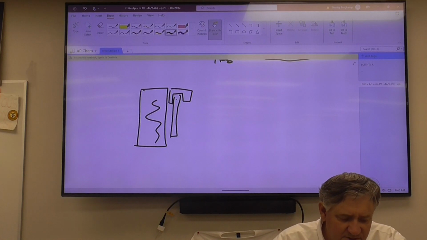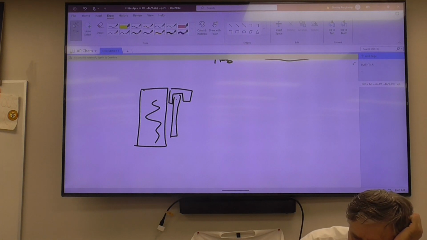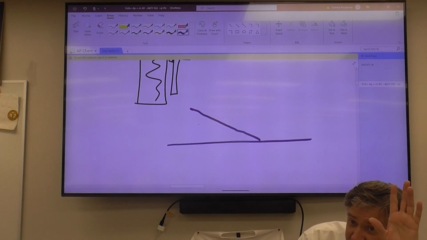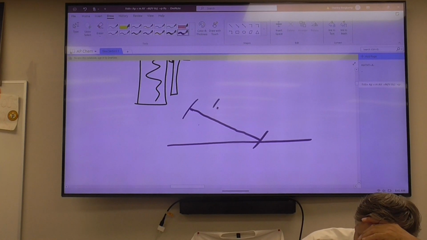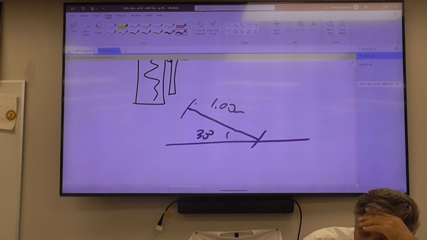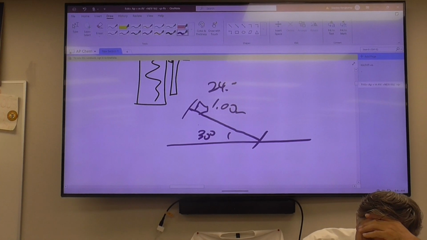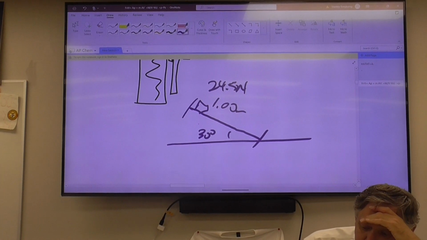When you get to question number 10, let me give you the visual. Here's this, and I was nice, I left off friction. This length is 1 meter. This angle is 30 degrees. And I've given you the weight of the block, 24.5 newtons. So when you let go of it, what's the only force acting on it? Gravity.